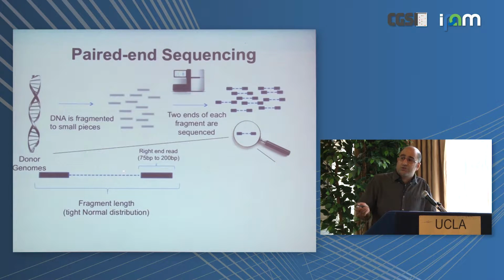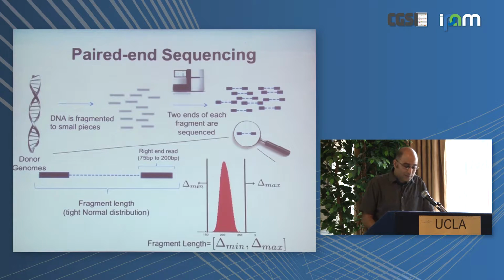But it's important to note that the distance between the two ends, which is equivalent to the length of the fragment, usually obeys a normal distribution, with a lower bound and upper bound on the size of this distribution. In other words, we know what the length should be. We have an approximate distribution of this length, and this will be very helpful for calling structural variation down the road.